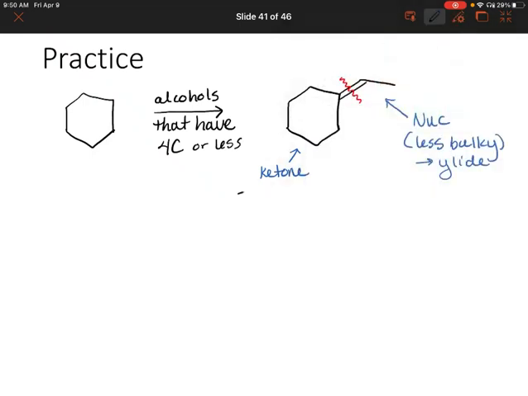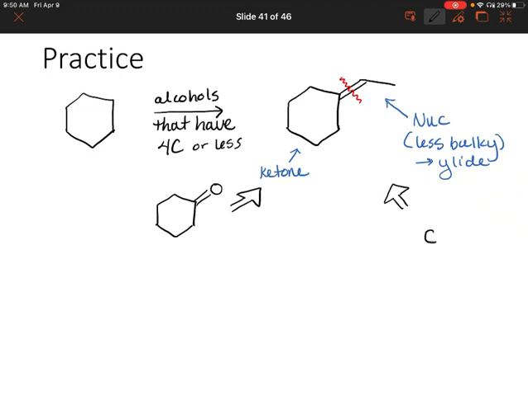All right, so let's just work backwards here. We're just going to put an oxygen on that double bond on the cyclohexane ring, so that's our ketone. And the other side, we said, would be part of our ylide.